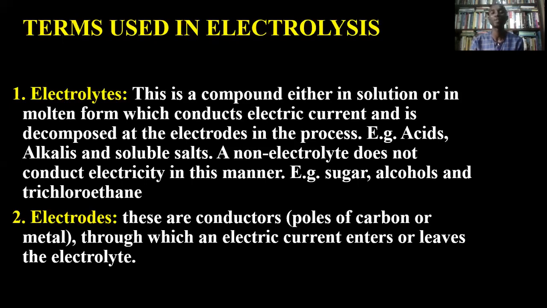Examples of electrolytes, as we said in the last class, are acids, alkalis, which are soluble bases, or soluble salts. So inside your car battery, we have acid there. It is an example of an electrolyte.